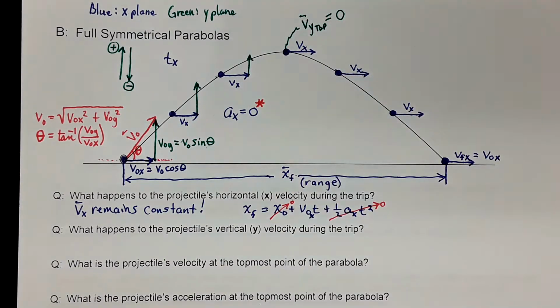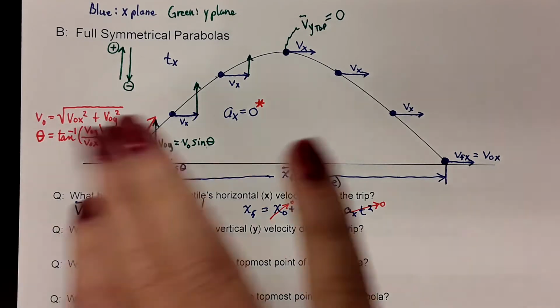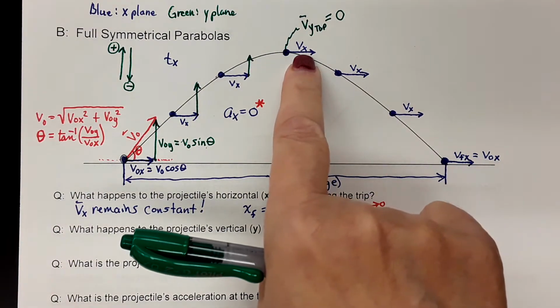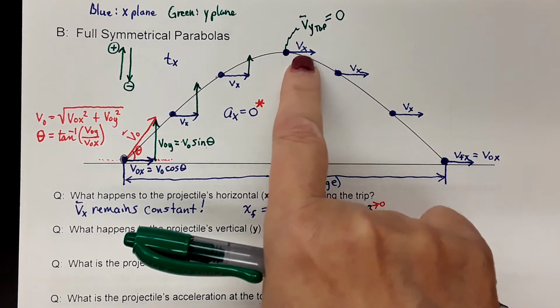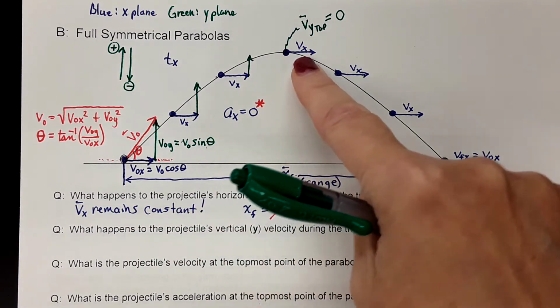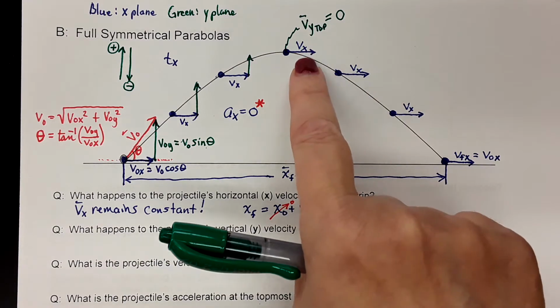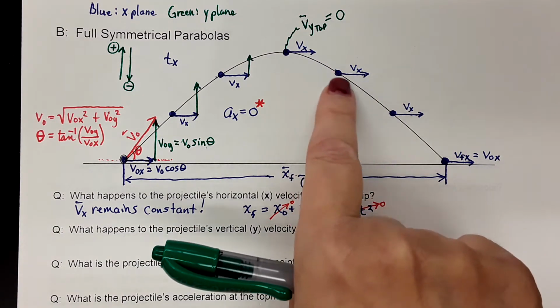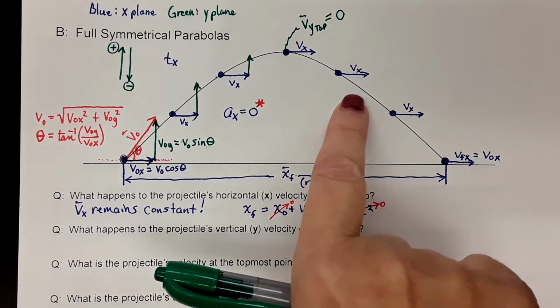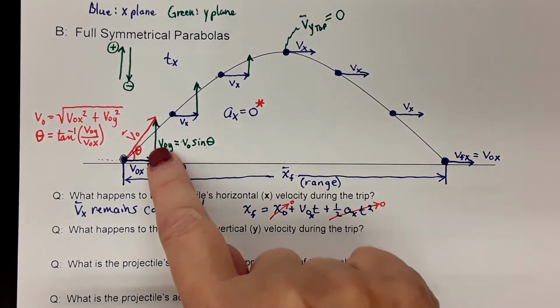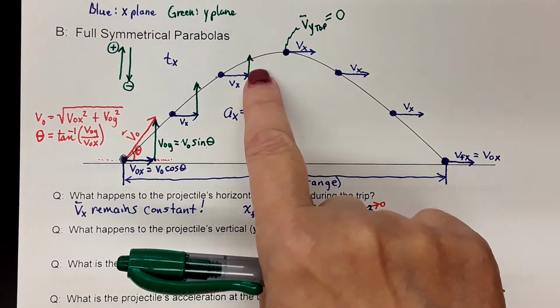Because just for an instant, it pauses vertically. Now, does that mean it stops moving altogether? Heck no, look at that. It's still moving horizontally at the top.